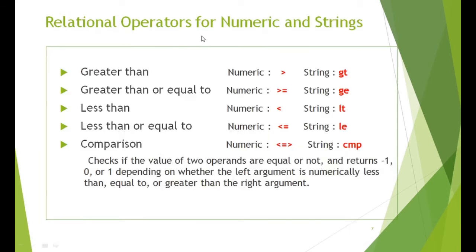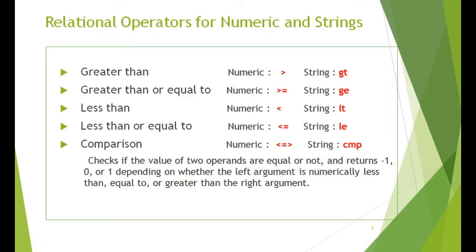Here you can see the relational operators. For strings you have to give symbols like this. For numeric you have to give a symbol like this. For strings you have to give them like in words. Here the last one is less than, equal to, greater than. This operator can be used for comparison.